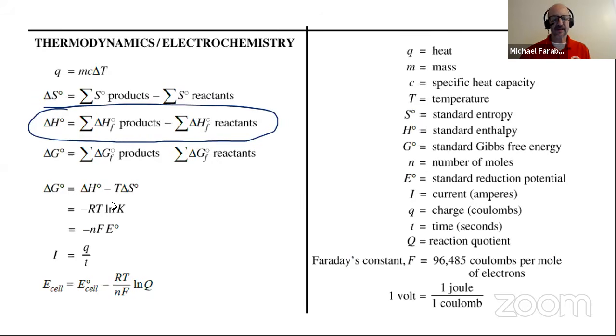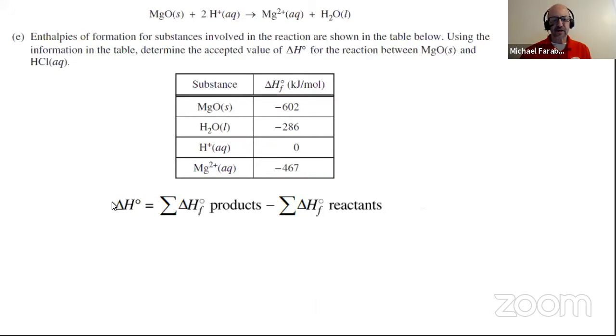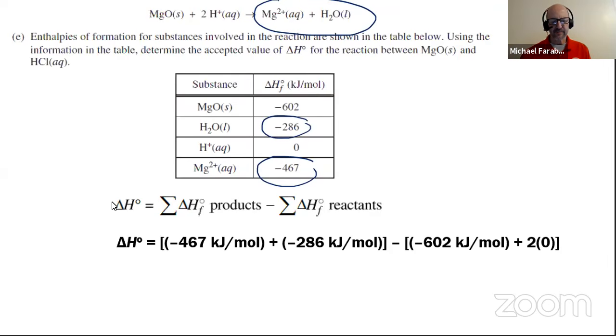So products minus reactants, and again, this delta H of formation is given to us in the table. So these are the products, Mg2+ and H2O liquid. So we have those calculations. And then these are our reactants. We have MgO solid and hydrogen ions.